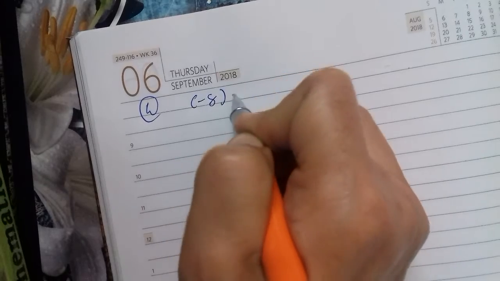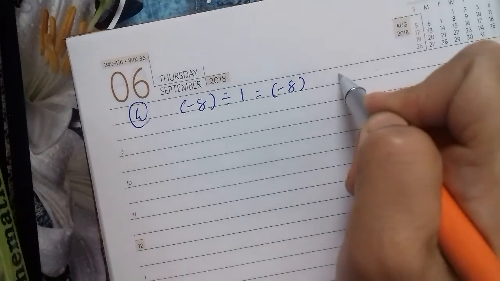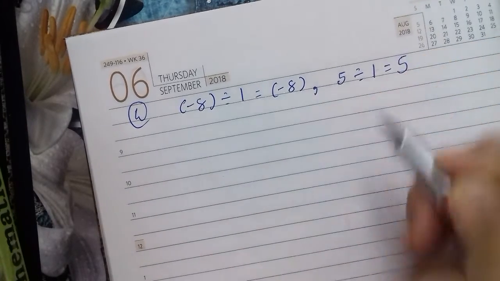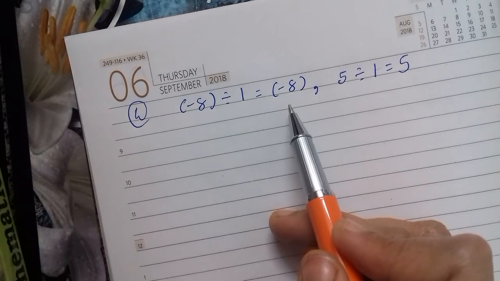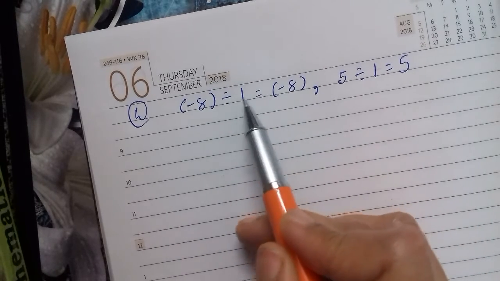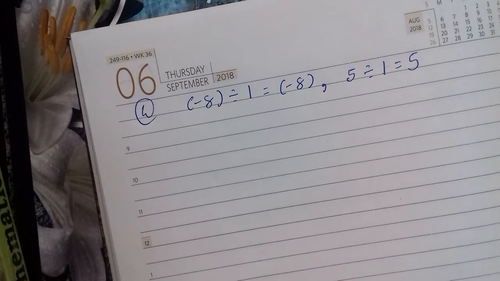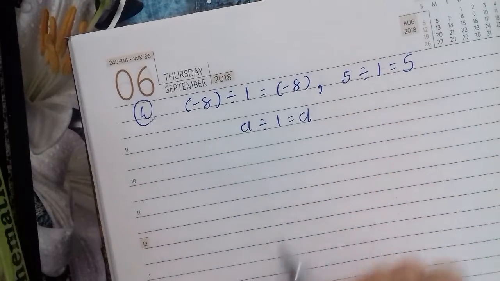Minus 8 divided by 1 is equal to minus 8. 5 divided by 1 is equal to 5. This shows that when an integer is divided by 1, it gives the same integer. So any integer divided by 1 gives the same integer. In general, a divided by 1 is equal to a.